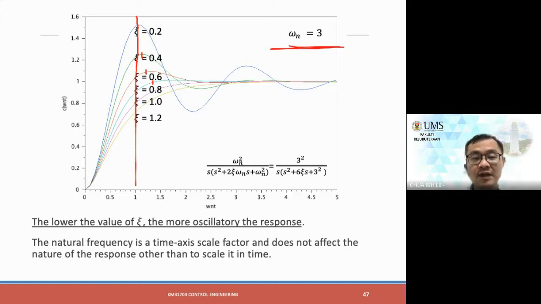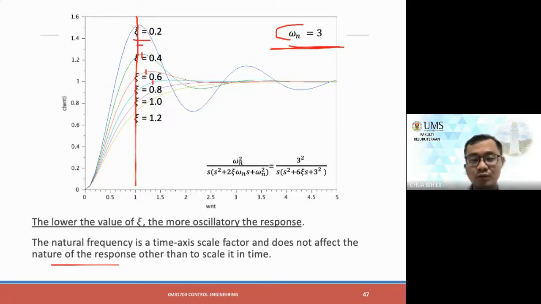What would affect the changes would be the damping ratio. For the same natural frequency, we would only see the value of the maximum point get reduced or changed accordingly. But for the oscillation part, the natural response from the time scale itself, that does not have much effect.